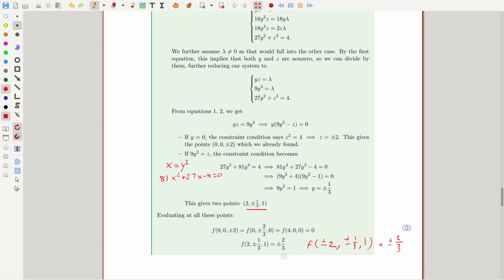So from that perspective, this would only be two equations. This would be f of 2 comma 1/3 comma 1 is equal to positive 2/3, and also the equation f of negative 2 comma negative 1/3 comma 1 is equal to negative 2/3. I think that is the more standard interpretation of this kind of statement.